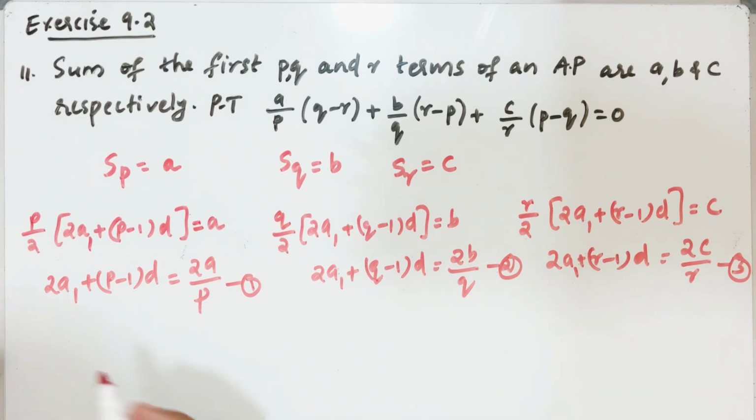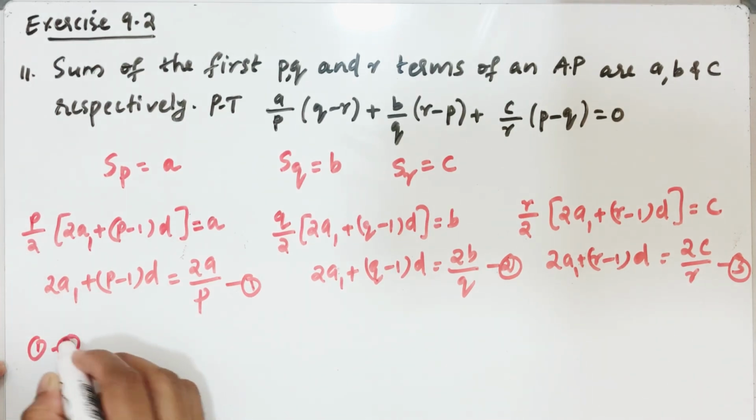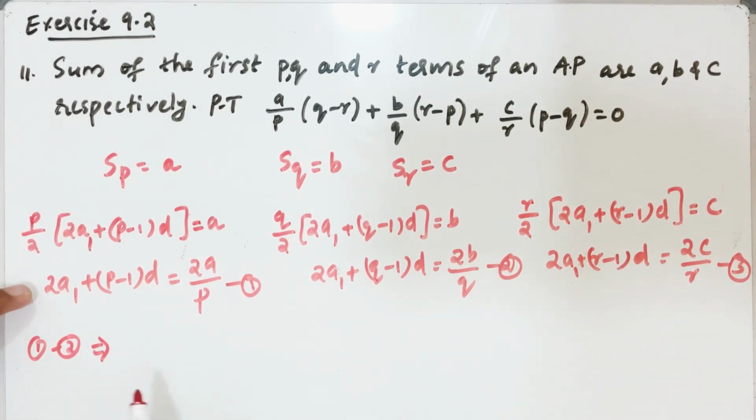Okay. Now 1 minus 2 is equal to 2A1 minus 2A1, which is 0.